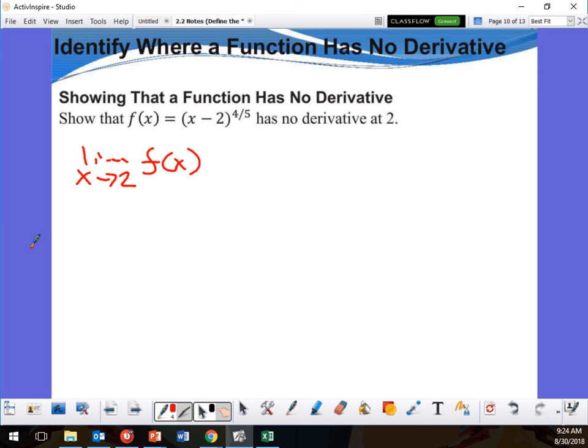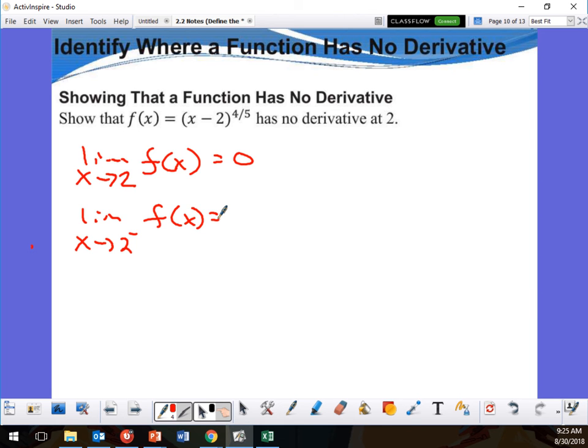Okay, left hand, right hand. So if I do a left hand, right hand on this, okay, what would the left hand of this be? Now, I went over this more with my Algebra 1 class because I didn't think you guys needed it that much. So the limit as x approaches 2 from the left side. What numbers are on the left side?